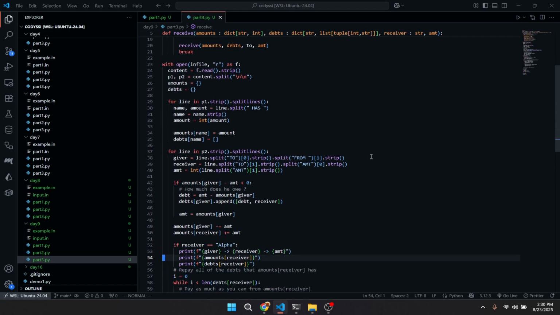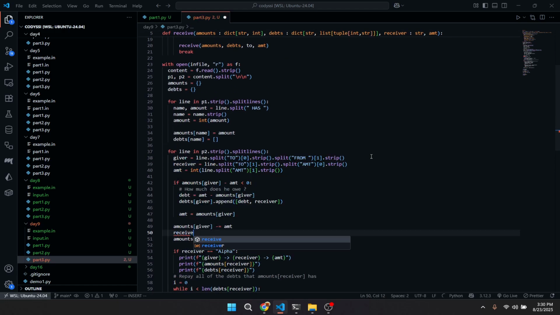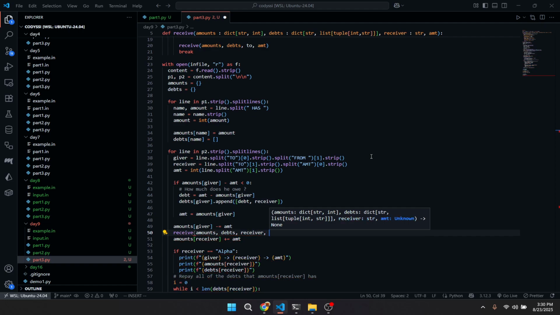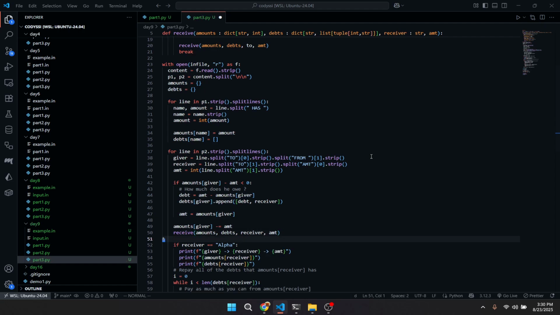So we can call receive here on amount debts receiver and the amount. This is how much we receive, right?